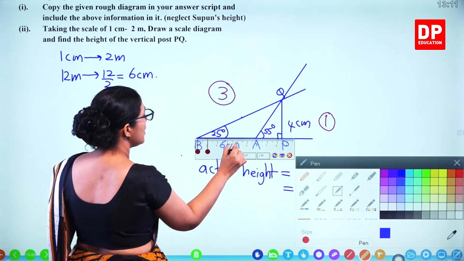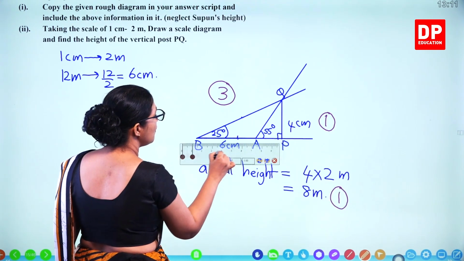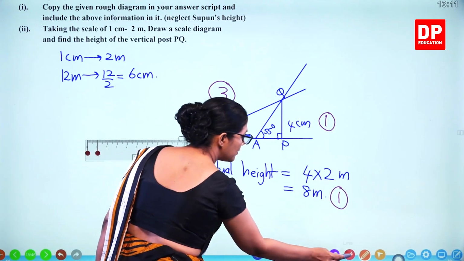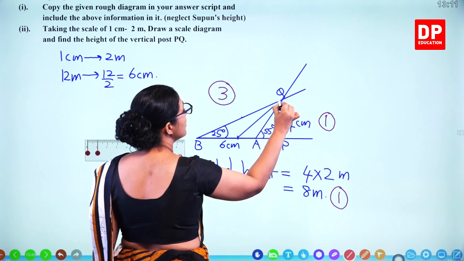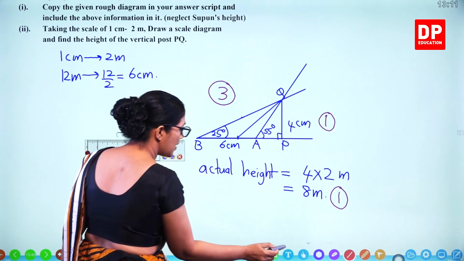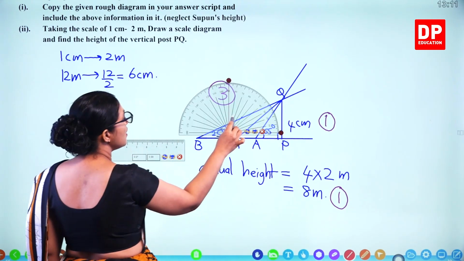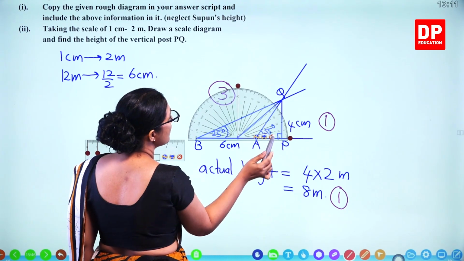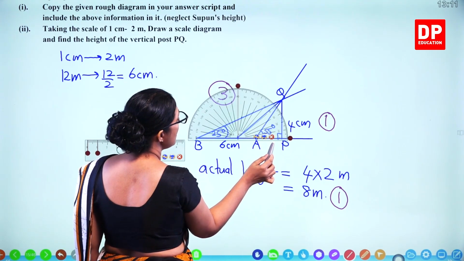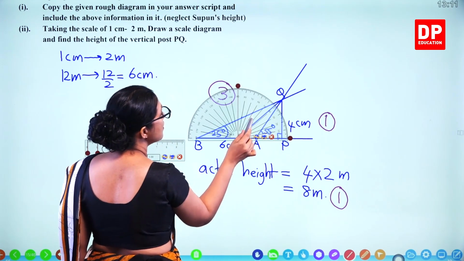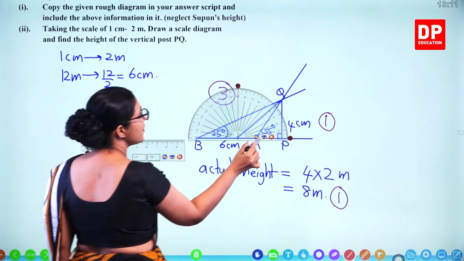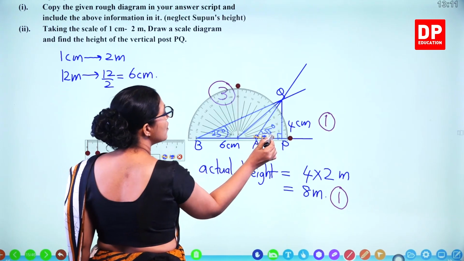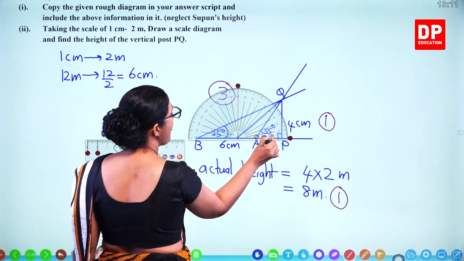That means here. And if you draw the angle here to here, you have to measure it and show that it's more than 40 degrees, I think. Yeah, it's 41. According to that, 41 degrees is the angle of elevation here.